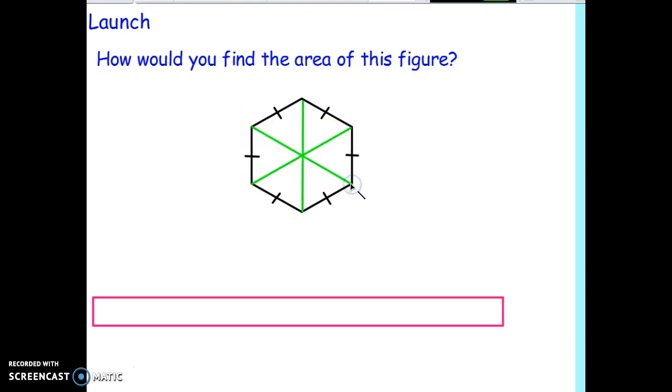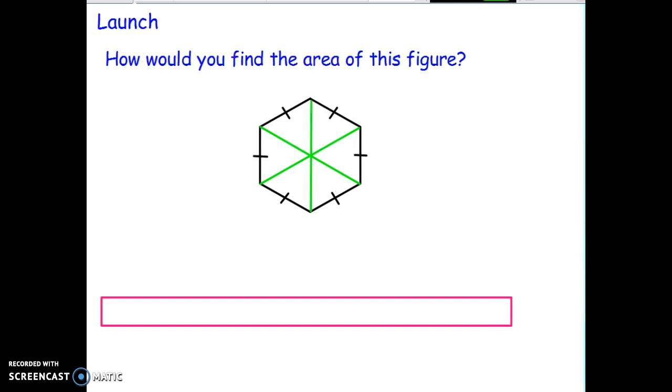If we think about cutting this hexagon into 6 triangles, these marks here mean that these side lengths are congruent, so we would know that each one of these triangles has the same area. If we can find the area of one triangle, then all we have to do is multiply it by how many triangles we see, and that should give us the area of the entire polygon.